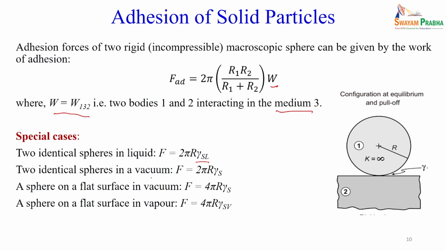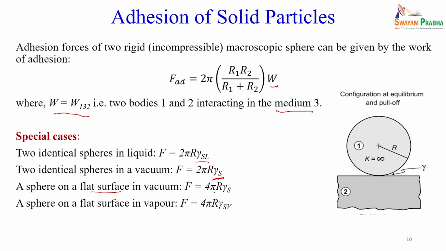If two identical spheres are in a vacuum, this will be 2 pi r gamma solid vapor, the interfacial tension. Now, if the sphere is on a flat surface in the vacuum, where there were two identical spheres, the surface work of adhesion will be twice the surface tension.